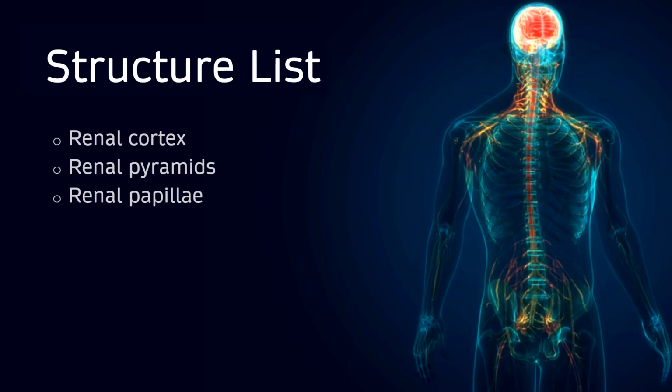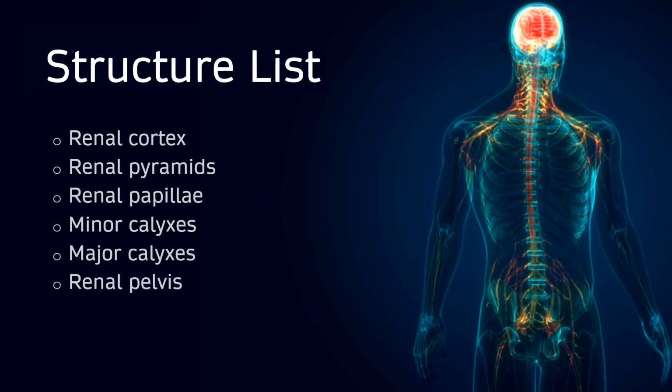The urine that is produced by the nephrons will exit the nephron at the renal papilla, and that will put the newly formed urine into a tube called a minor calyx. Minor calyces will come together to form major calyces. So these are just tubes of different sizes. And then eventually all of those tubes come together in the middle to form kind of a funny shaped structure called the renal pelvis.